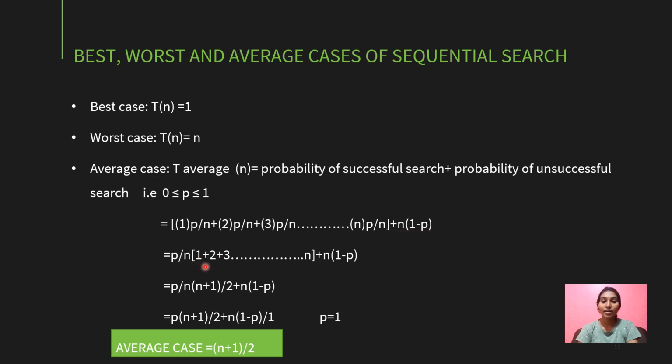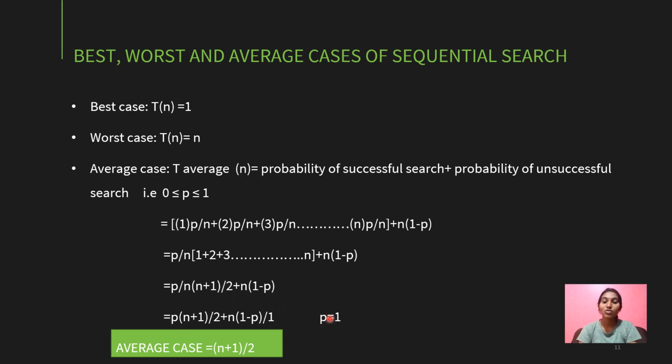So we take p by n common, so 1 plus 2 plus 3 and so on to n, plus n of 1 minus p. P by n, 1 plus 2 plus 3 and so on to n can be written as n into n plus 1 divided by 2, plus n of 1 minus p as it is.